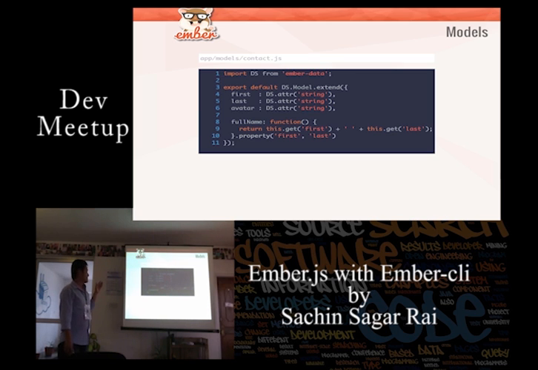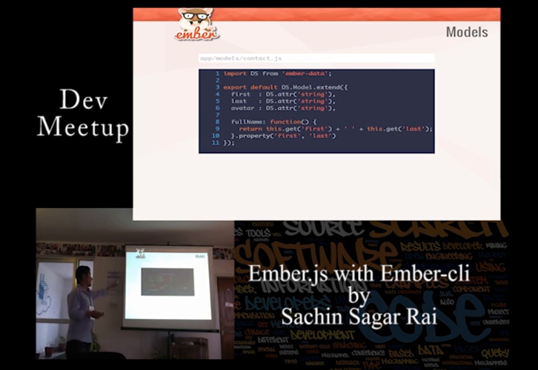Ember Data doesn't come shipped in Ember.js itself. We have to install it separately. But with Ember CLI, when we did ember new application name, by default it also imports Ember Data. So just to know, it's not packaged in the Ember.js app itself. It's a separate library, but Ember CLI makes it the same one.